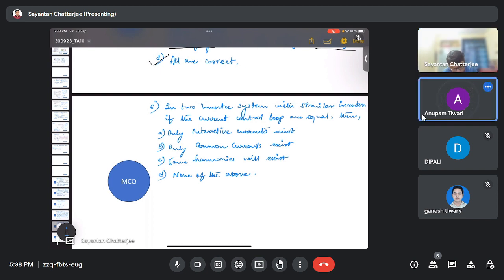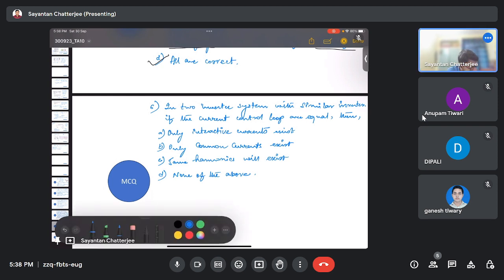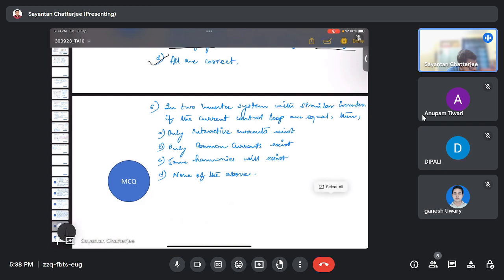Similar to inverter system with similar inverters, if current control loops are equal, if both the current control loops are equal, the interactive currents occur when the LCL filters are not the same in both, meaning they can't be designed accurately.